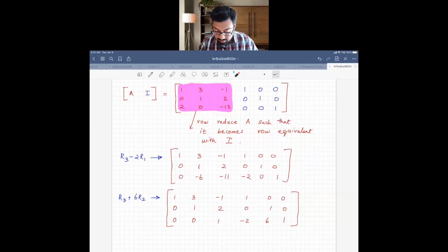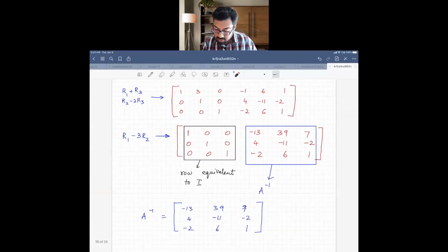So that's why we made these particular row operations. As we were making the row operations, that side of the matrix, the identity, was changing as well. And eventually, when we had a matrix that was row equivalent to identity, we ended up with the inverse of A on the other side. Questions about this process?